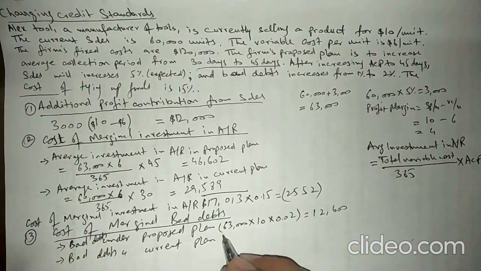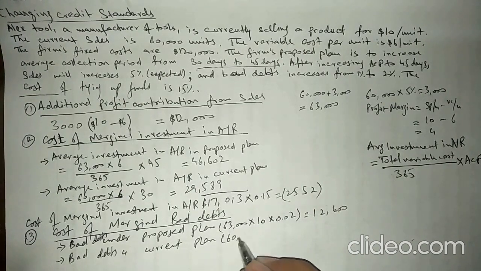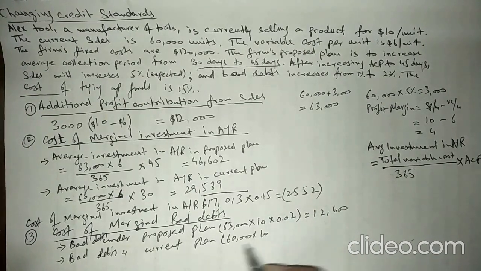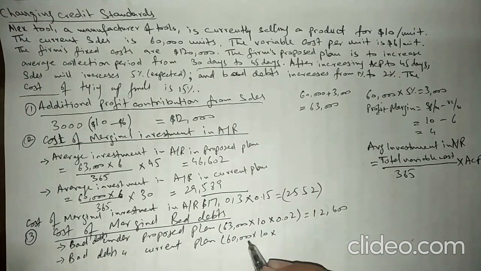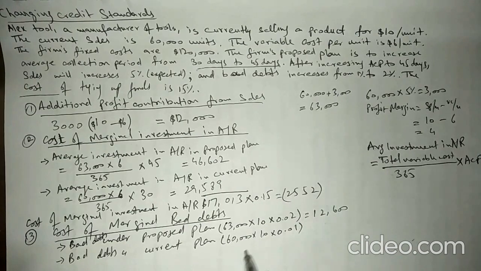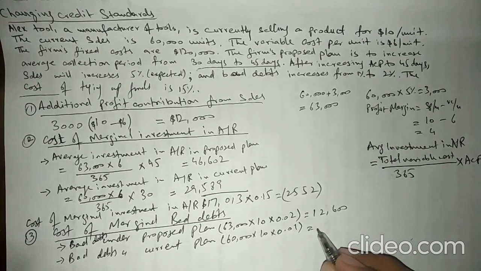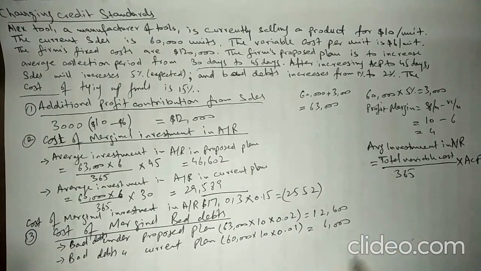So the answer here is 12,600. And in current plan, we can calculate a bad debts by multiplying 60,000 units multiplied by 10. So it means that overall revenue will be 6 lakh. And on this whole revenue, the bad debts will be 1%. So multiplied by 1%, the whole answer is 6,000.